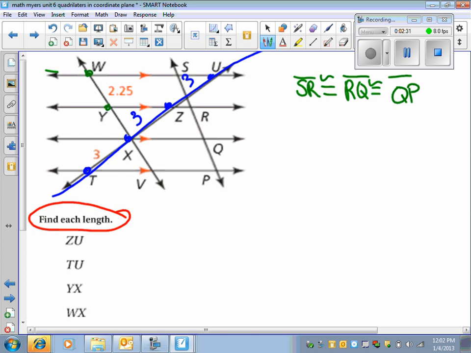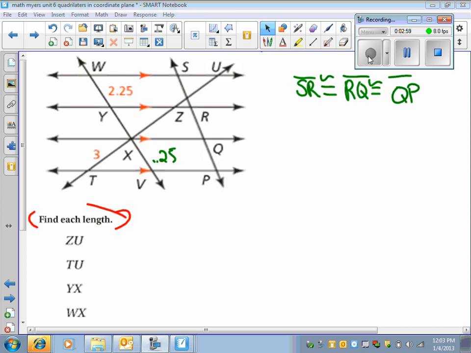So from here to here is 2.25, and from here to here is 2.25, and the distance from here to here is also 2.25, because we are only concentrating at this time on one transversal, this transversal right here. So all the segments are 2.25. So we should be able to answer the question.